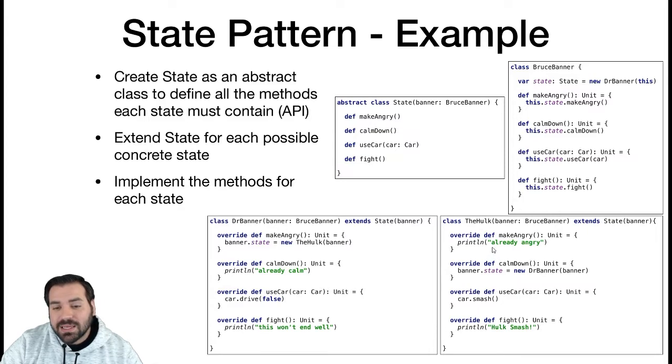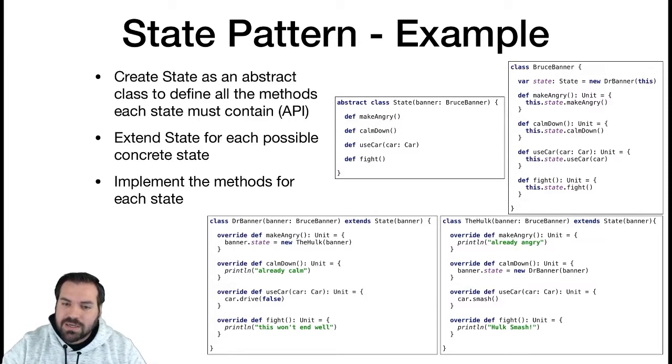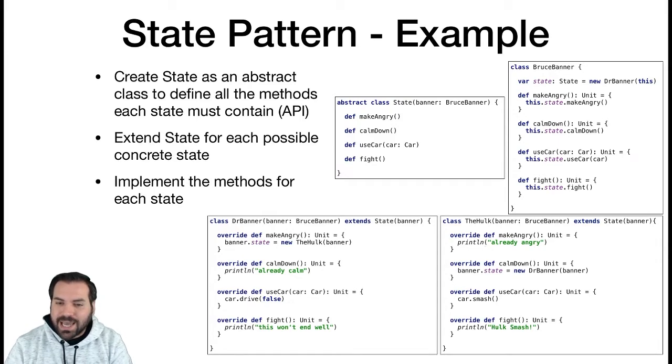So when we're writing these methods, writing the methods is actually really simple. Even if we're doing real stuff instead of just printing to the screen. Because you're asking yourself, in this state, what's the behavior supposed to be? And you're doing that in isolation. Your code is nice and encapsulated. You're thinking of one thing only. When he's the Hulk, what happens when you make him angry? That's all you're thinking of.